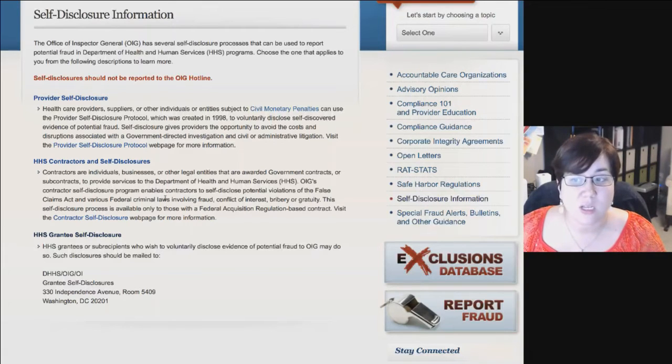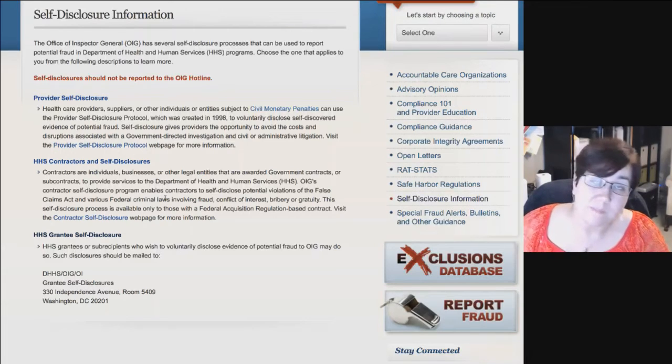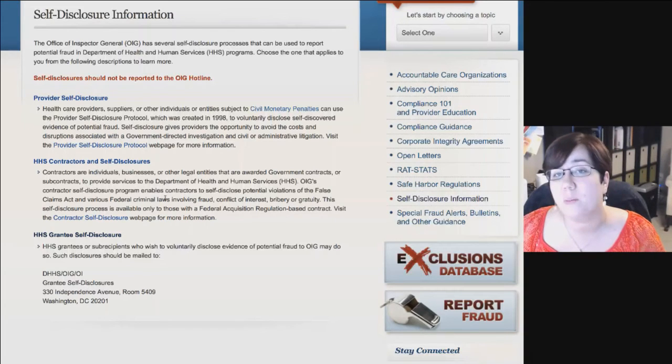And by disclosing this, oftentimes most organizations let that person go because they can't participate with any of the federal healthcare plans. And oftentimes most of the commercial plans follow suit and don't want to interact with that individual either. So you need to follow your healthcare organization's policy, but hopefully that includes self-disclosure to the OIG. That's going to save you a lot of heartache and a lot of potential fines and sanctions that could arise.